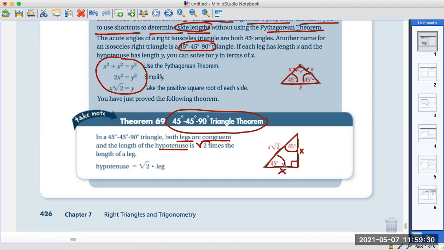So the hypotenuse is the length of the leg times the square root of 2, always, in every 45-45-90-degree triangle. Okay, so right here is the sentence I want you to remember: the hypotenuse is the leg times the square root of 2.